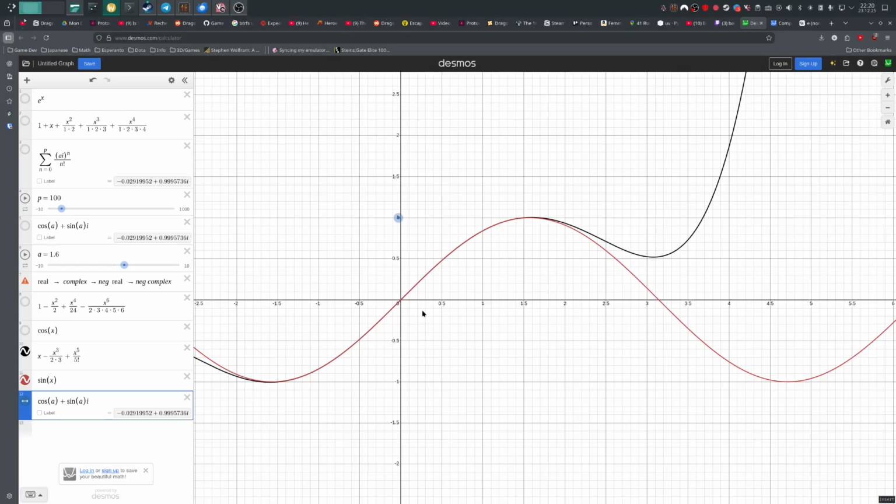And this is the beauty of it. It seems completely out of the blue, but this infinite sum, when using complex numbers, would almost magically split into a cosine and sine. It's beautiful. It's magnificent. I love this.